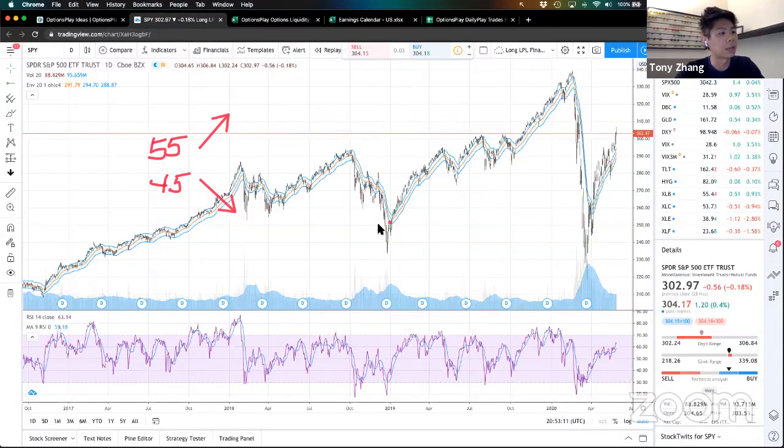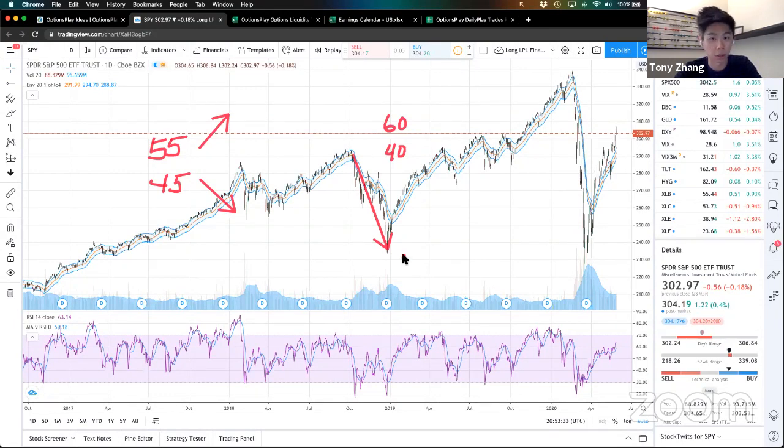Then what we notice is that in the recent past, starting about 2008 through 2019, that number skewed towards 60% of days or weeks when the markets moved higher, and only 40% of the time the markets moved lower.